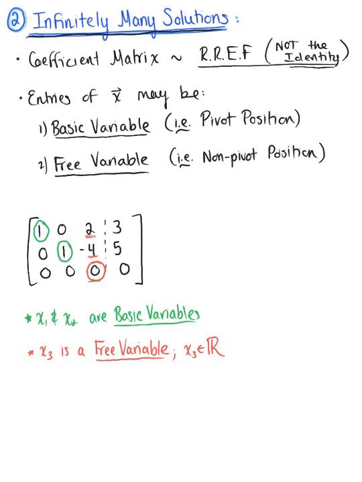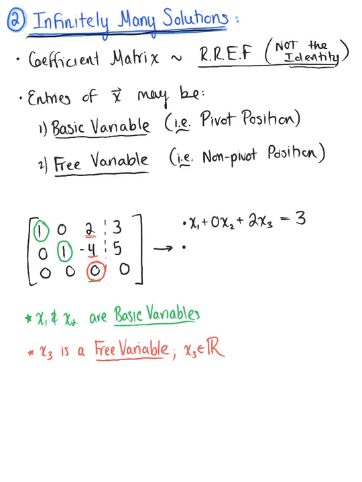So to help us see those infinitely many solutions, we need to think about the general solution to the system. So what is this matrix in row reduced echelon form telling us? Well, let's just simply rewrite each row as it is. Row number 1 says that x sub 1 plus 0 of x sub 2 plus 2 of x sub 3 is equal to 3.